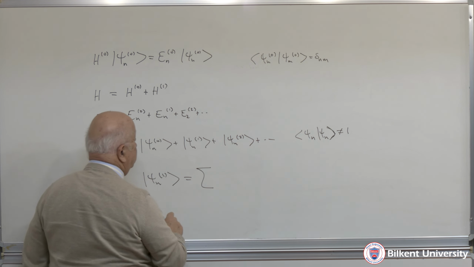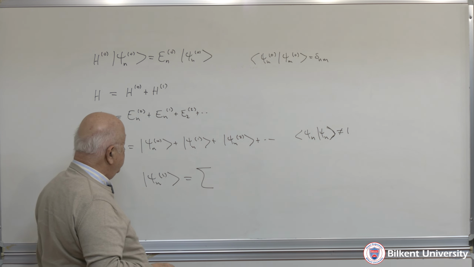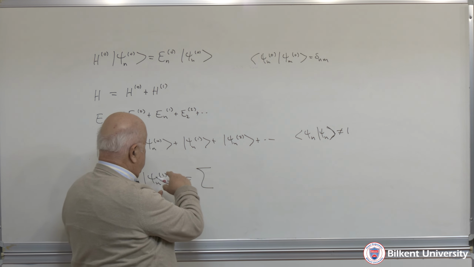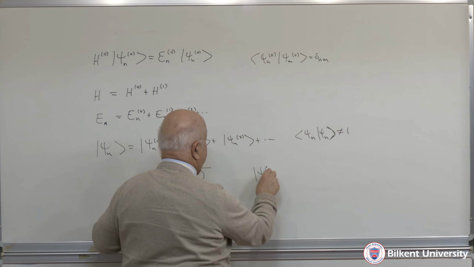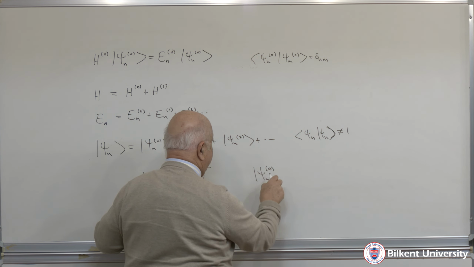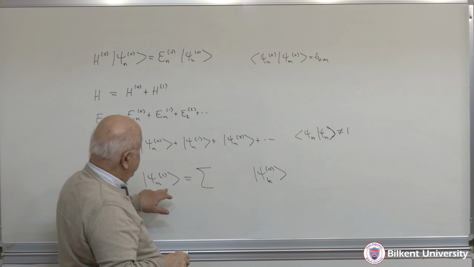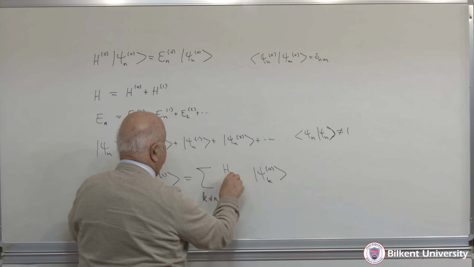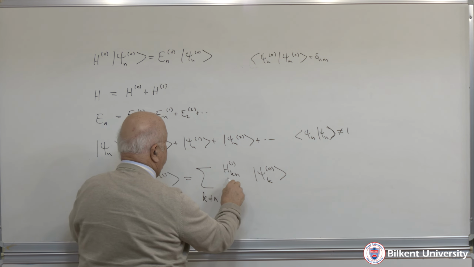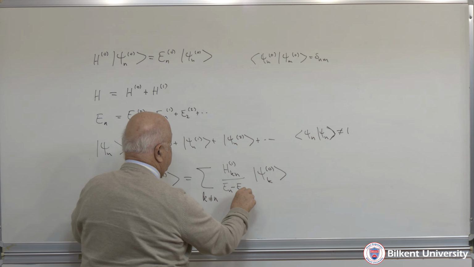I can expand this in terms of the original psi k zeros as a series, and the expansion coefficient is hkn, the first order Hamiltonian matrix element, divided by En minus Ek.